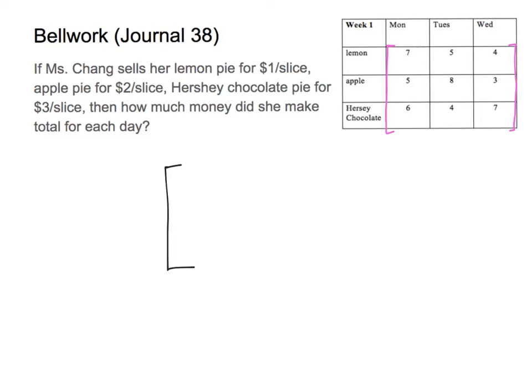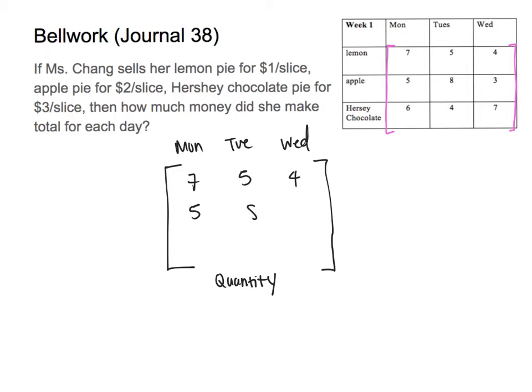This will be my matrix for the quantity of pies for a given day: Monday, Tuesday, Wednesday. And this is 7, 5, 4, 5, 8, 3, 6, 4, 7.